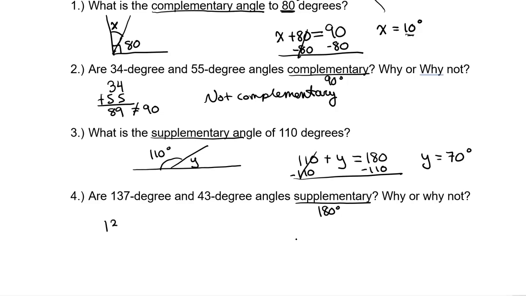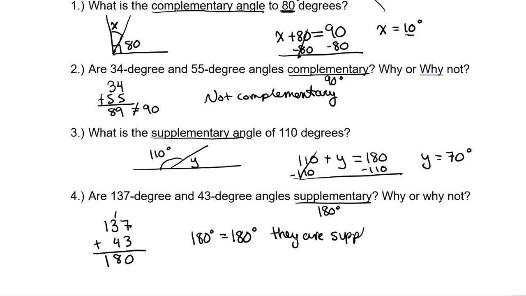So I add these together, 137 plus 43, and I get 180. So 180 degrees equals 180 degrees. So they are supplementary. It's important on these to show your work instead of just saying, yes, they're supplementary or no, they're not complementary. You have to show the math behind it and then explain why or why not they're either complementary or supplementary.